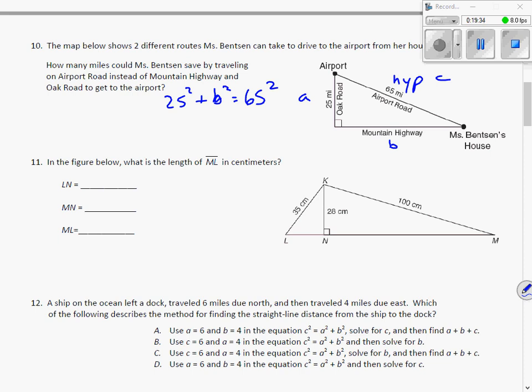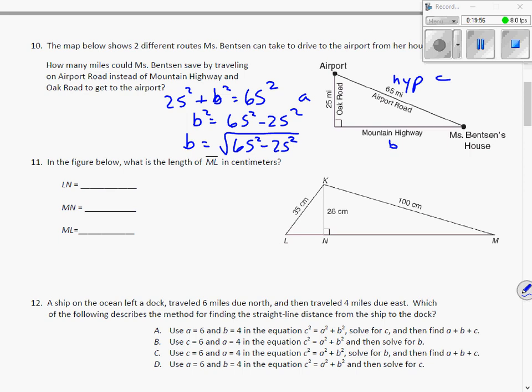Then I subtract and take the square root, and I'm going to put all that in at one time so I can find that length.